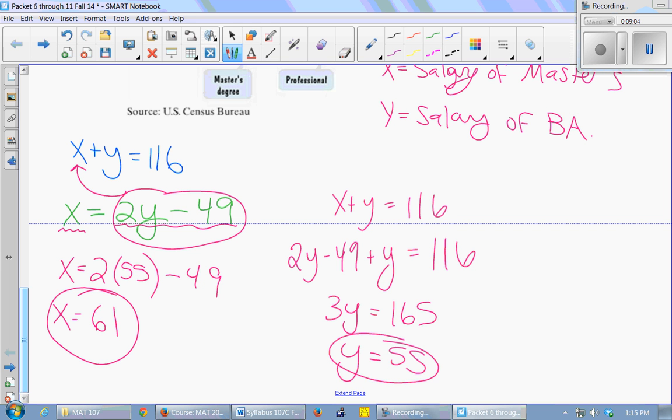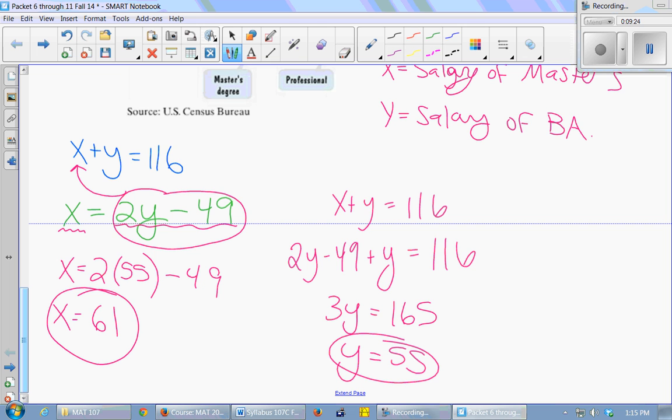Nope, it does not matter which one you find first. You know the relationship between x and y as you're reading. You do not have to use two variables.